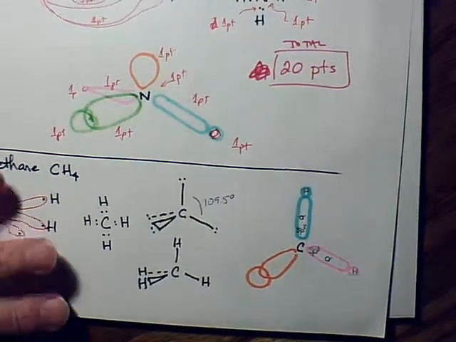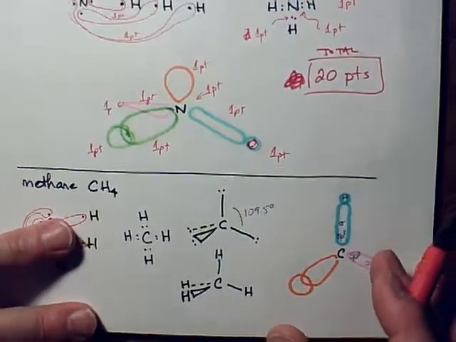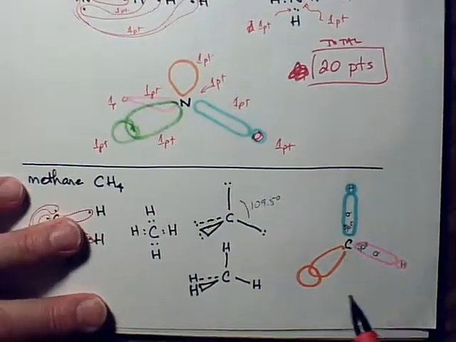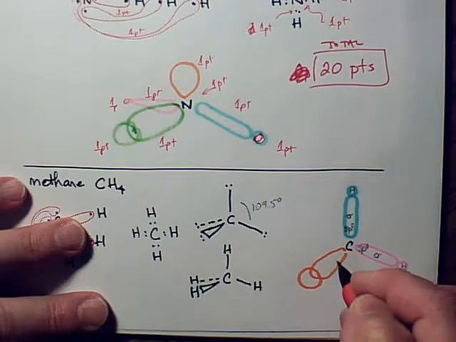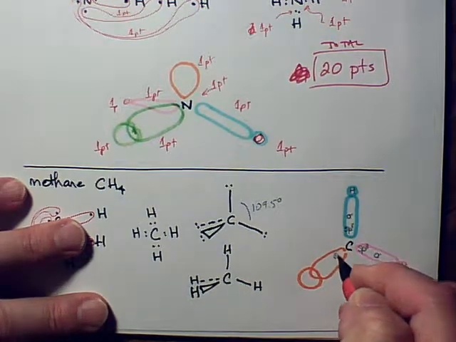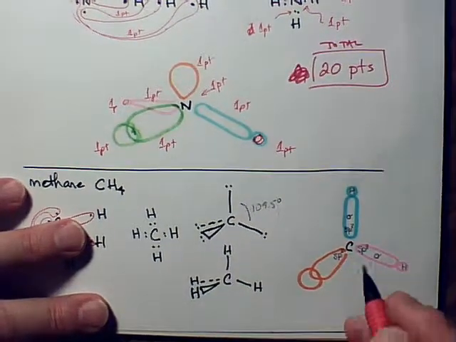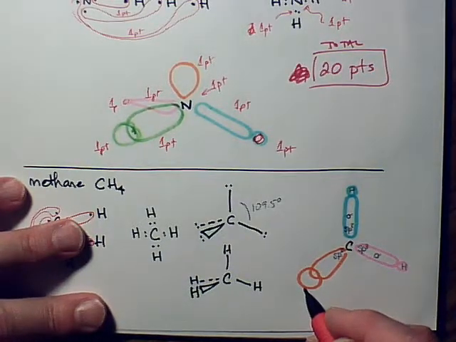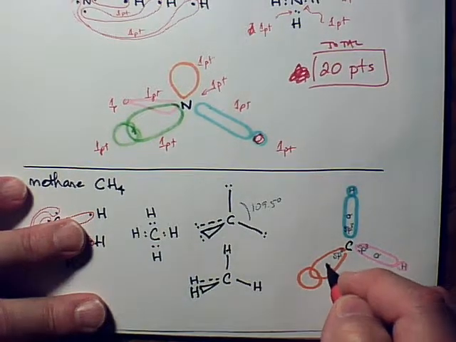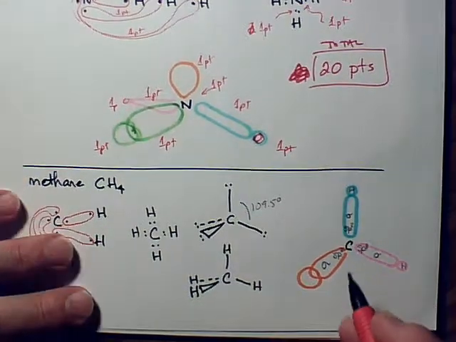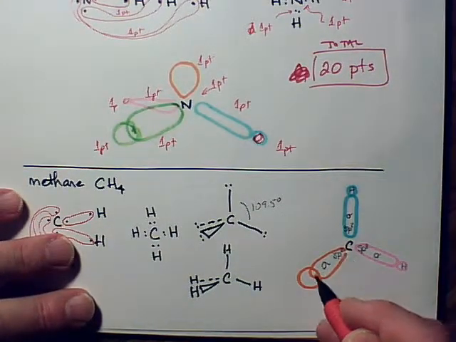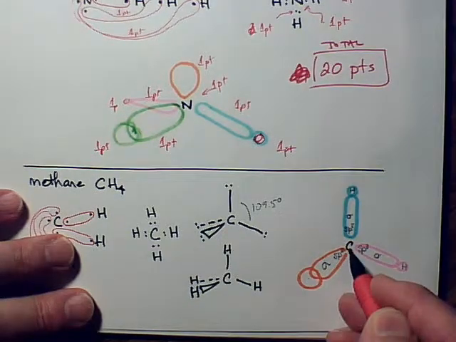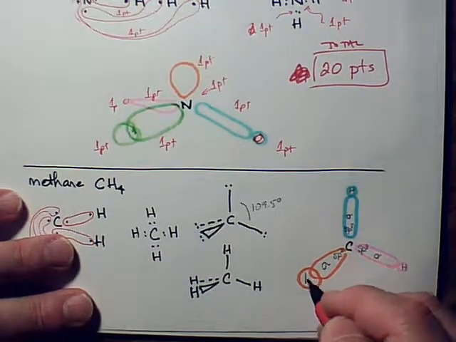Okay? So those of you who've taken art before, you know what perspective is. That's what I'm trying to show here. This orbital was an sp3. It's hybridized to an sp3. But since we're sharing an electron in this orbital, and we're sharing the orbital itself, we've got a sigma bond. A sigma bond is any bond that lies directly on the line between the nucleus of 2 atoms, in this case, the hydrogen and the carbon.